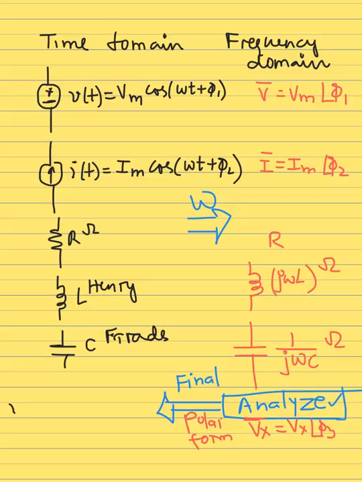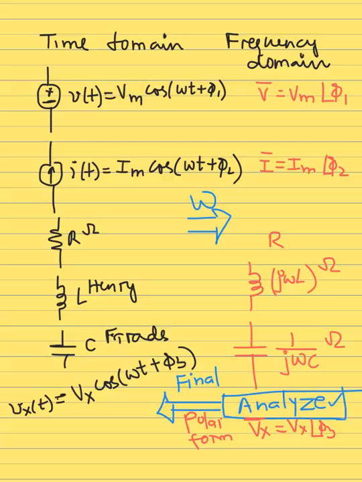How do you do it? You say Vx(t) equals, you use the amplitude as it is, Vx, cos, at frequency omega, and if the angle is positive phi 3, you say plus phi 3. So that will be your final step. That is how we're going to analyze all AC circuits.